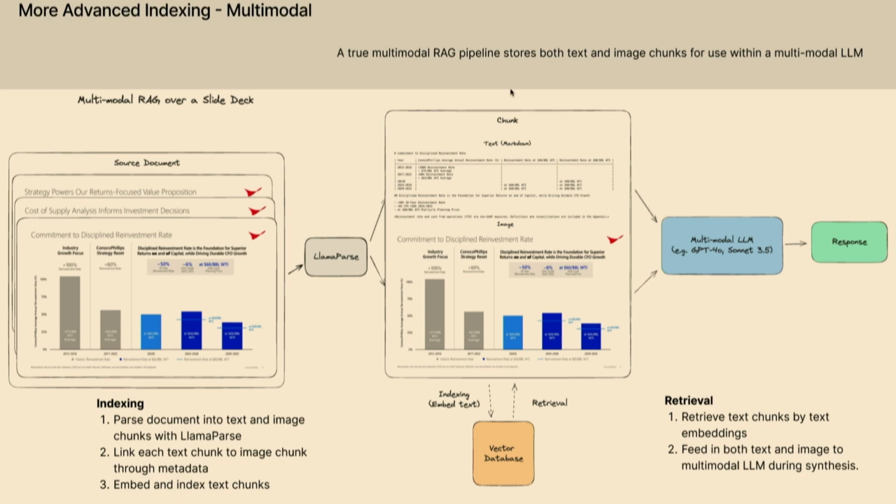This is especially useful where the document contains a lot of images, charts, or diagrams, and you don't want to pre-extract the text because you might lose a ton of information. Instead, you want to feed the image itself into the LLM at the end, along with the question. So we have invested a lot in helping users build fully multimodal RAG pipelines that can store both text and image chunks for use within a multimodal LLM.